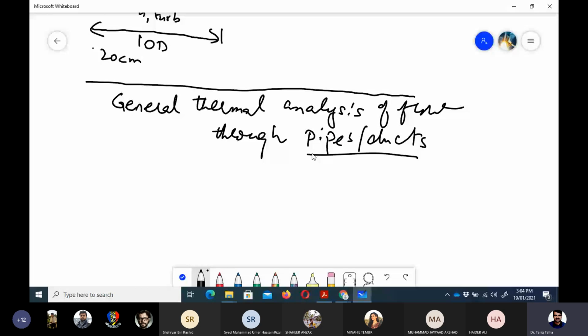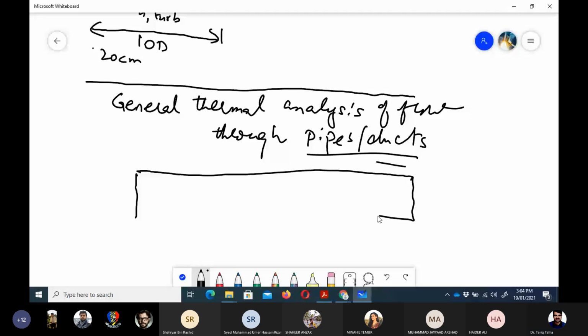So in this case, usually if we want to do the analysis, if I draw it here, we take an element, not a differential element, but a piece of pipe.